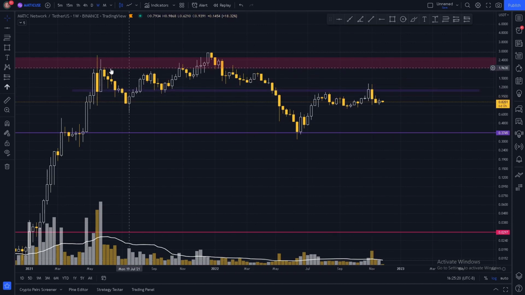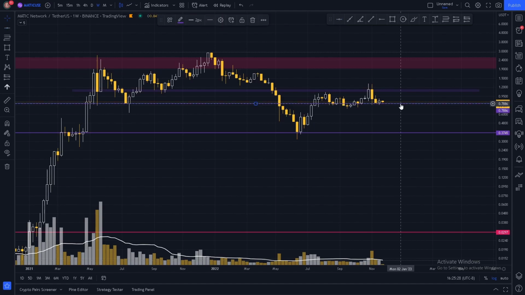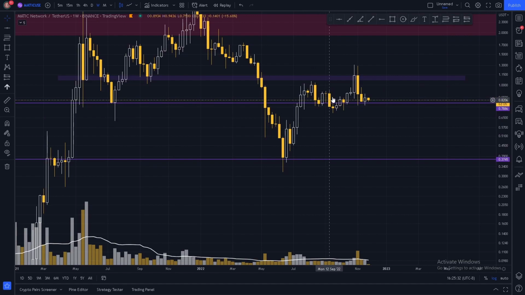So, multiple reactions to the level acting as support and resistance. Now we also notice another key level right here. And we can see how price has been moving in between these two levels. It was established by the swing low and a drastic reversal from this point forming support. And we can see price reacting to the same level acting as support here.